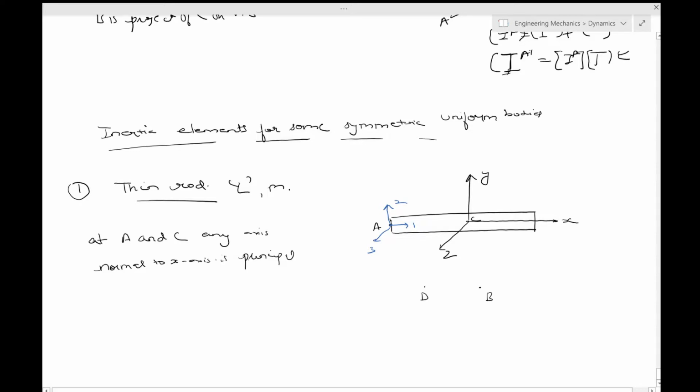Now can you recall why is this true? So we had studied, remember, 3 cases of mass symmetry. So please think of the reason why this must be true in terms of that. Please pause the video, and only when you are confirmed that at A and C any axis normal to X axis is principal axis, only then you should move ahead.